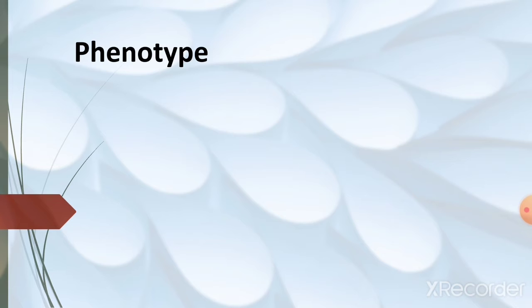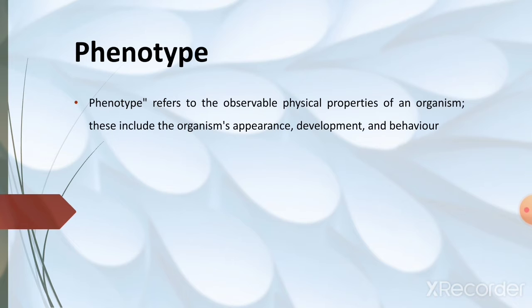Now come to the phenotype. What is the phenotype? The term phenotype refers to the observable physical properties of an organism. These include the organism's appearance, development, and behavior.